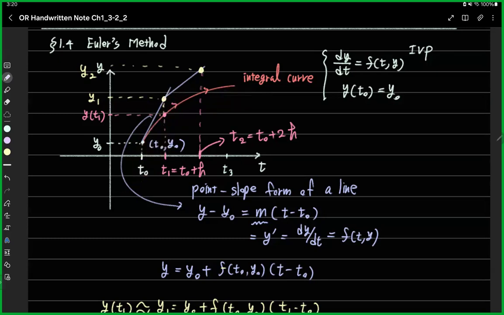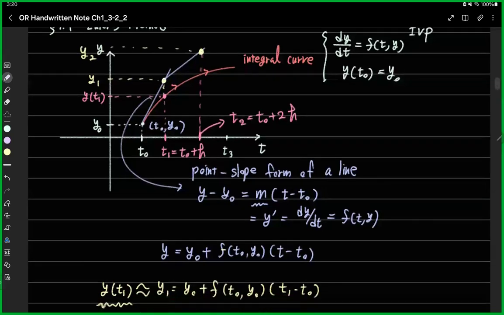How can you do that? Because we know the point-slope form of the line, right? y minus y sub 0, this is the initial condition, is equal to m times t minus t0. This is the regular equation of the line, especially the point-slope form of the line.